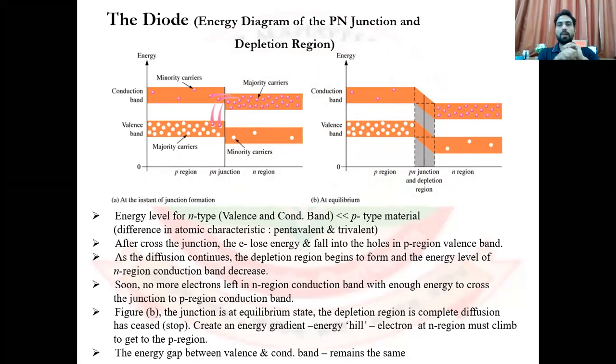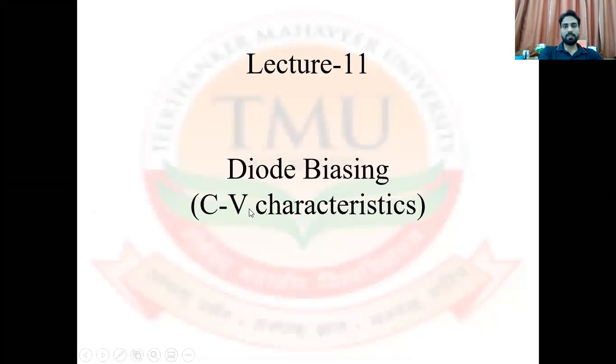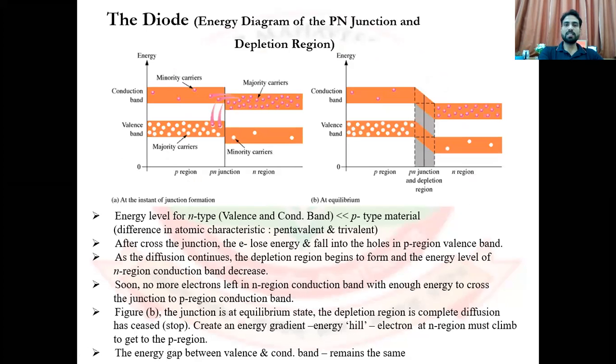Then it tries to find where the hole is, so it can sit there and relax. If an electric field is applied, then again conduction starts from here to here. They will not recombine with each other. So recombination only takes place when they lose their energy. So this is exactly the meaning of this.